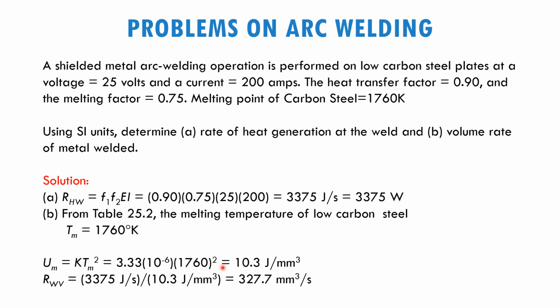Using this, you will get UM of 10.3 joules per mm cubed. If we divide 3375 joules per second by the unit energy, you will get the value 327.7 mm cubed per second. Why? Do you still remember the equation here?